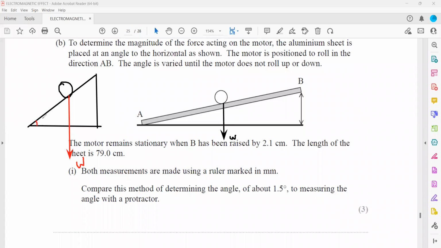Here is an angle theta. So the weight will always have two components. When we take an axis, this will be theta. One component with the angle is W cos theta, and another one is W sin theta, which is causing the downward acceleration. So W sin theta is in this way.